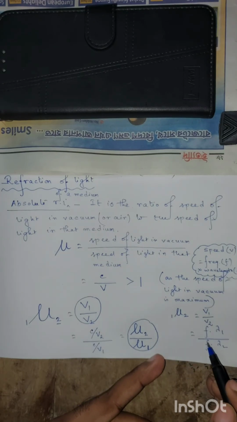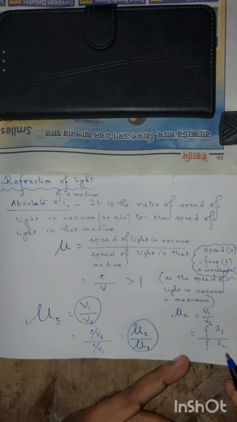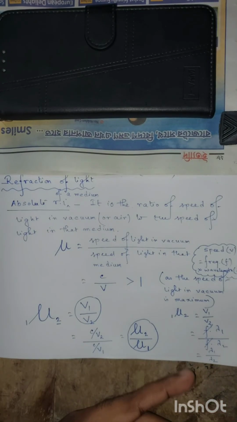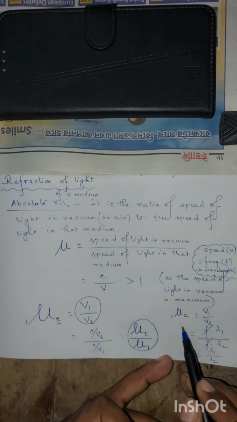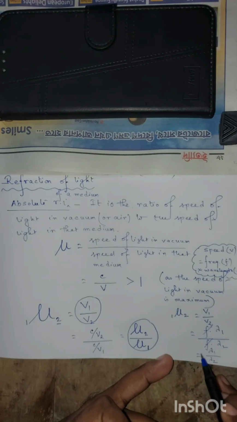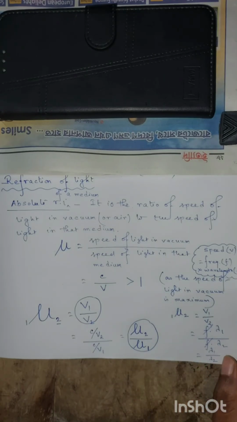So this is f lambda 1 and this is f lambda 2. So f and f can be cancelled. So we can write lambda 1 by lambda 2. So refractive index of second medium with respect to first medium can also be written as lambda 1 by lambda 2. That means wavelength of light in medium 1 by wavelength of light in medium 2.